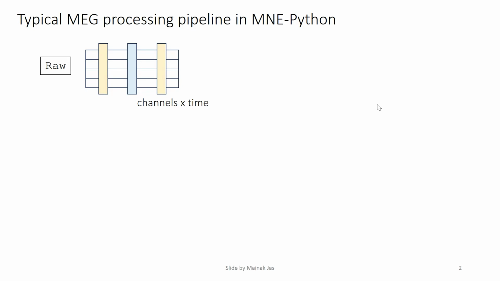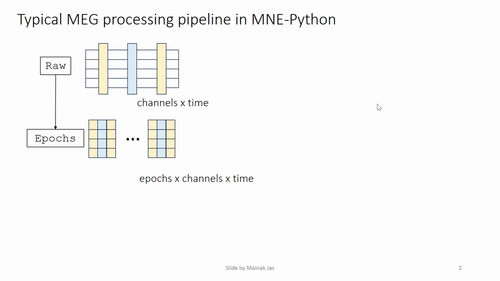So in MNE-Python, we have these data structures which are inspired by the different stages of the pipeline. When you load in the data, you have the so-called raw object, which is a continuous time series of number of channels times number of times.